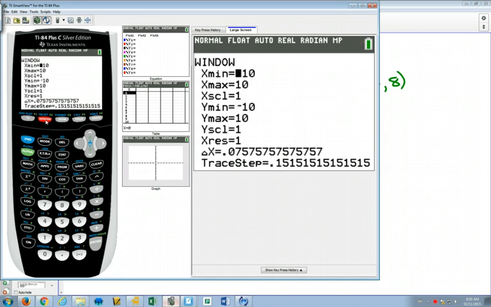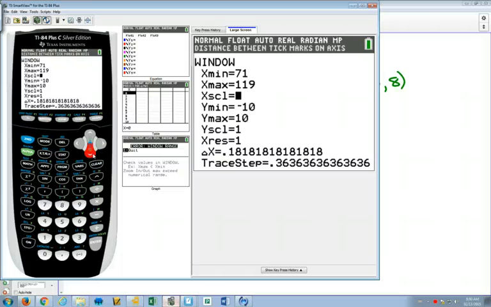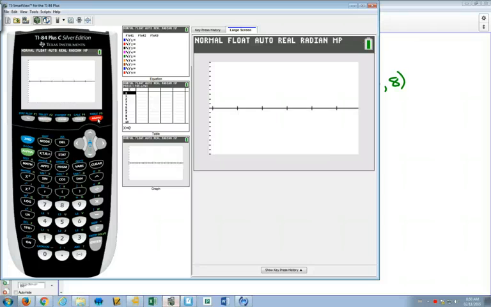Go to our window. We'll go from 71 to 119. That'll show us our 3 standard deviations. Since our standard deviation is 8, it's going to be nice if we set our scale at 8. I don't know. We'll see if it matches up nicely in the middle. It might not even match up nicely in the middle. But we're going to try and graph this now and be disappointed one more time.